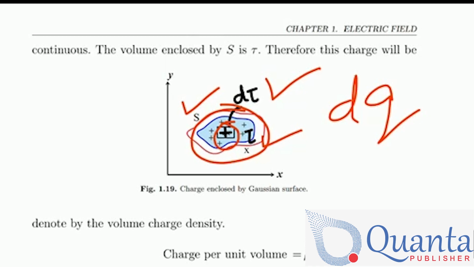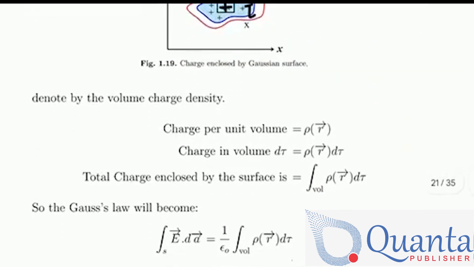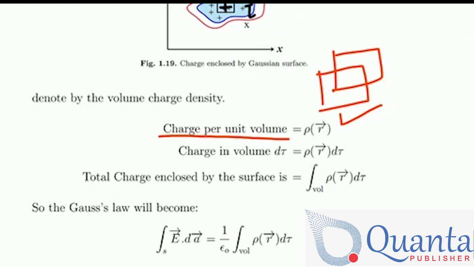From the definition of charge density, we know that charge per unit volume is represented by rho, that is known as the charge density. And if we want to calculate the charge in that differential volume that is represented by d tau in the above diagram, we multiply this equation on both sides with d tau.